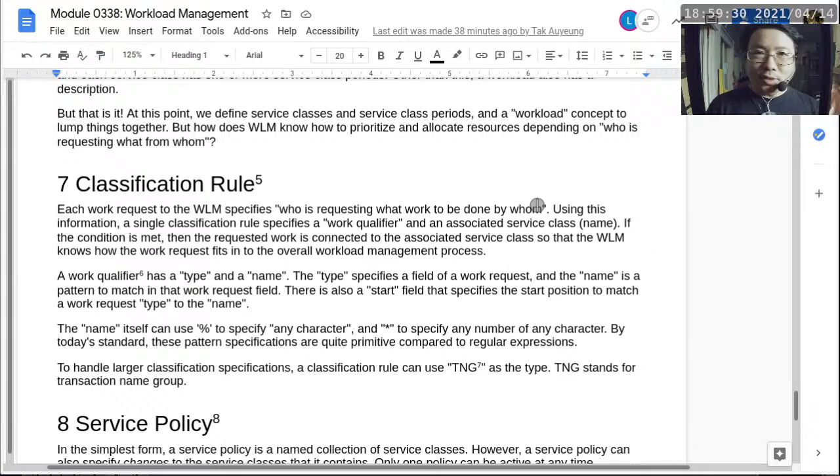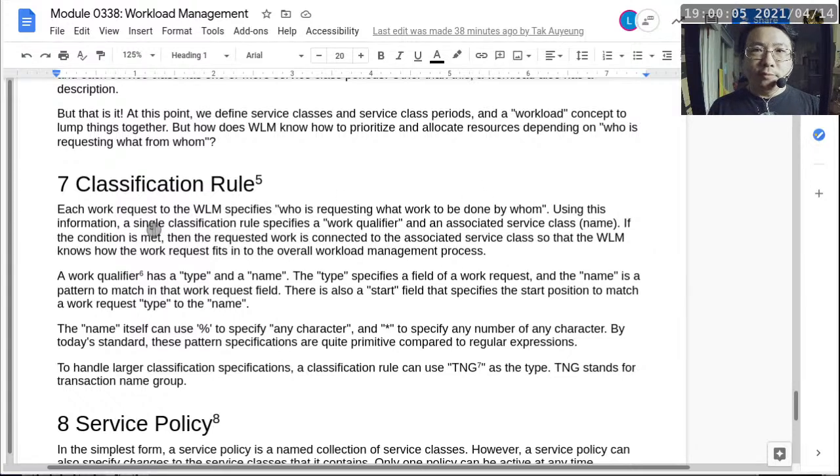And on the other side, a rule can also specify who is supposed to perform the work. So you can specify JES as the subsystem that is originating the work request, and then in a separate rule you can specify that DB2 is the subsystem that is actually doing the work. This is what I mean when I said who is requesting the work and who's doing the work.